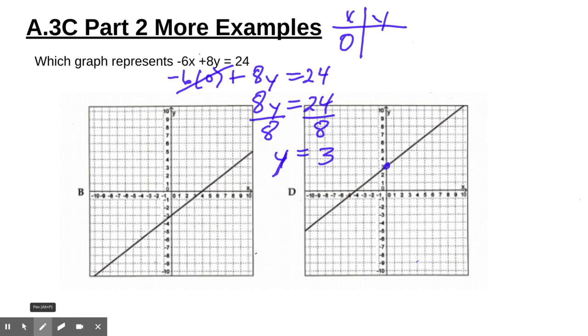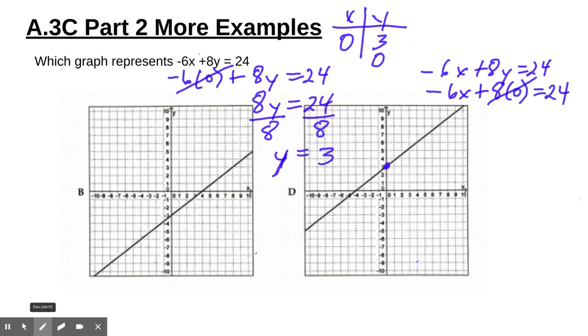But just to double check, let's set y to 0 and check. So we have negative 6x plus 8y equals 24. Negative 6x plus 8 times 0 equals 24.